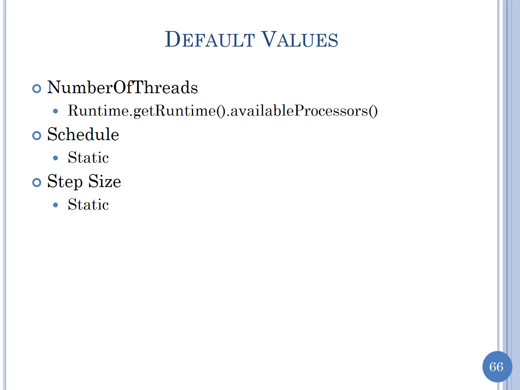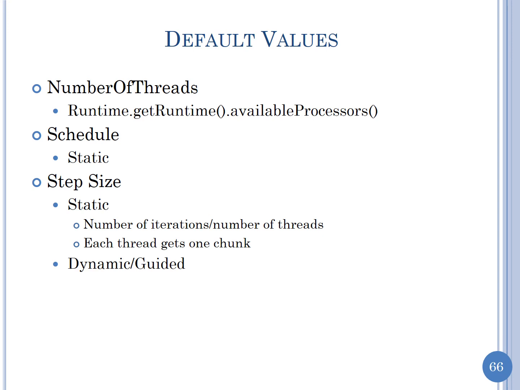So in the static case, the step size is the number of iterations divided by the number of threads, and in dynamic and guided, it's 1. If you're going dynamic, let's go fully dynamic. I believe this is the case for the defaults, but who knows really? I believe that's the case.